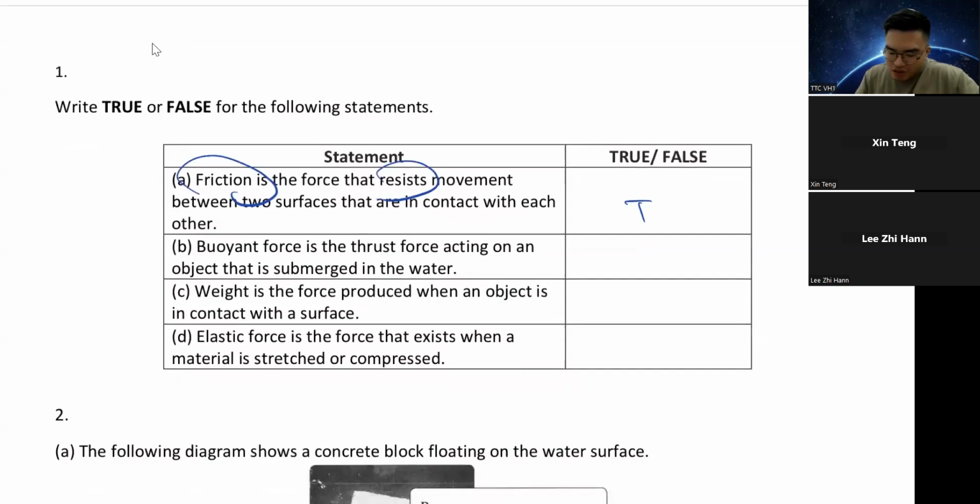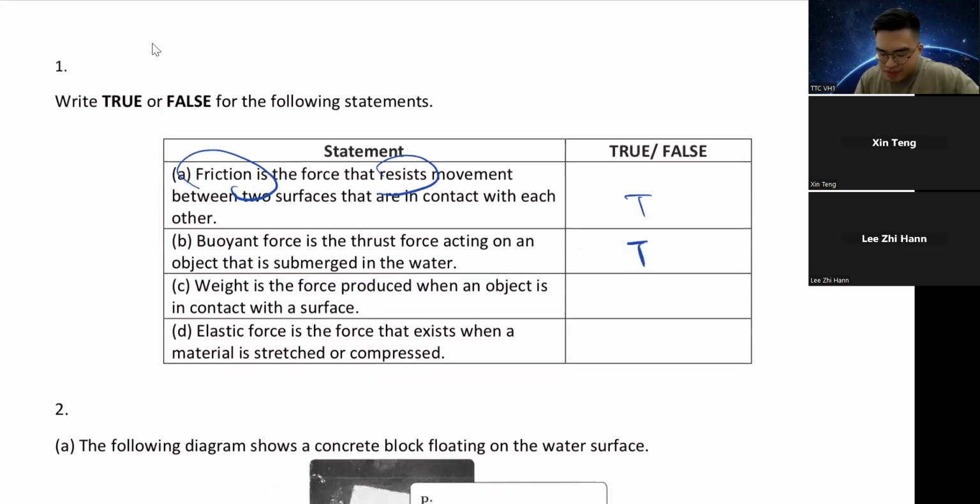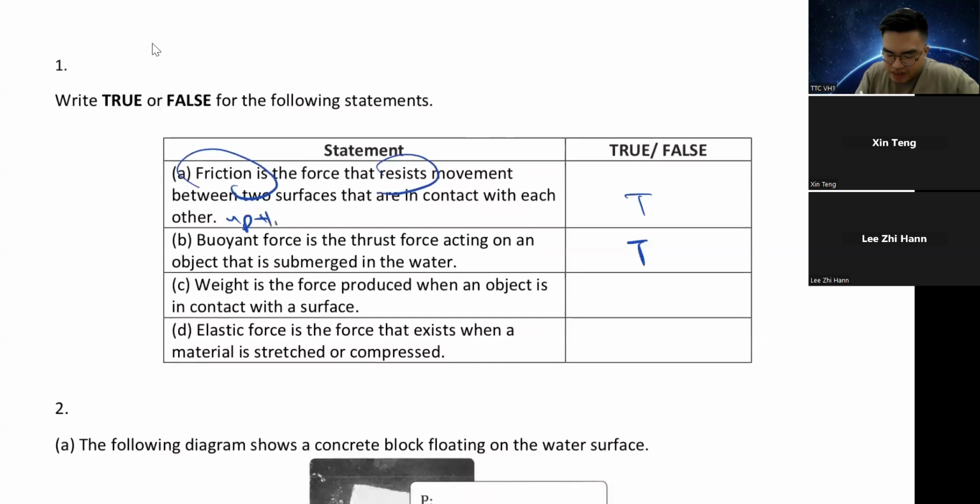That's what they are. So B, buoyant force is the thrust force acting on an object that's submerged in water. Now, what is buoyant force? Buoyant force is the floating force. It's not mentioned just now, but it's good to know. Or you can say this is called upthrust. This is called 浮力. You float on water, ships float on water because they have very high upthrust, very high buoyant force.